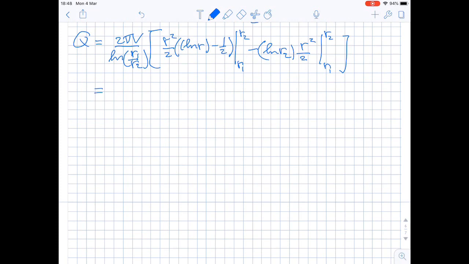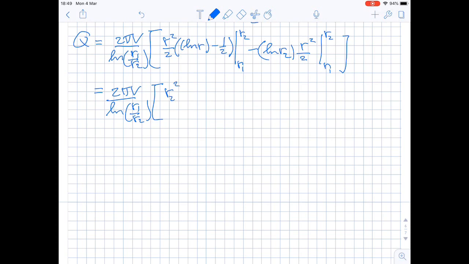The rest is basically simple algebra. So I'm going to take the upper limit and replace it in everything inside.